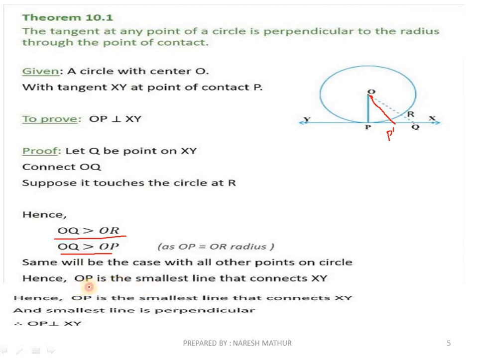It means OP is the smallest line that connects XY with O. Hence OP is the smallest line, and the smallest distance or smallest line is always perpendicular. That's why we can say OP is perpendicular to XY. Alright, so always remember this concept that the smallest distance is always the perpendicular distance. So this was theorem 10.1.